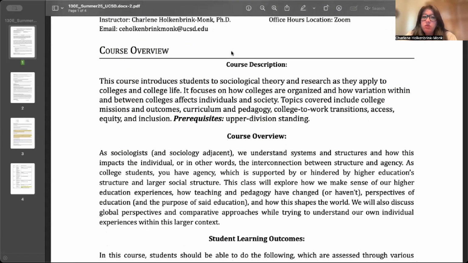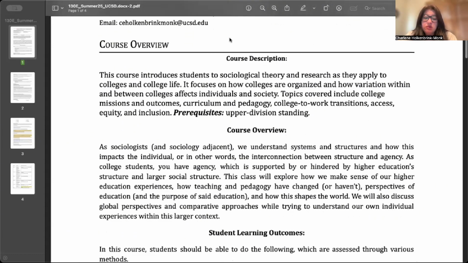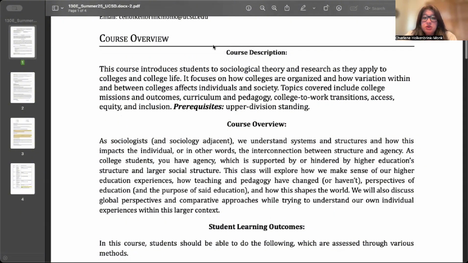So let's talk a little bit about what this course is and what we're going to be doing. This course introduces students to sociological theory and research as they apply to colleges and college life. So kind of the overall idea of higher education. It focuses on how colleges are organized and how variation within and between colleges affects individuals and society.